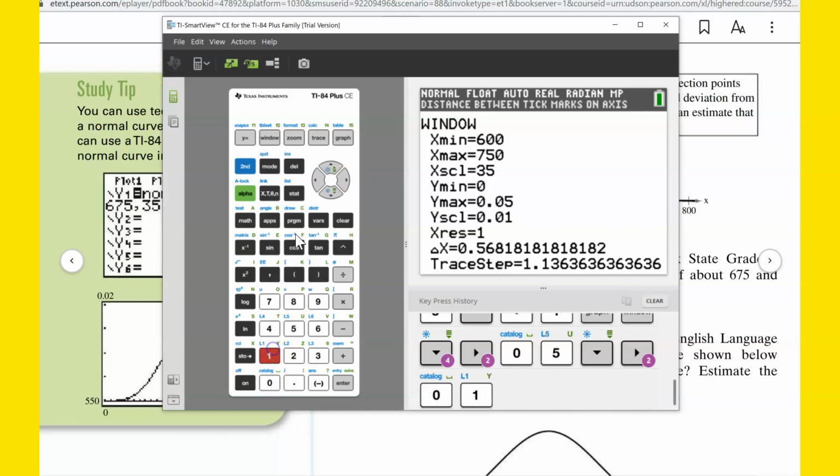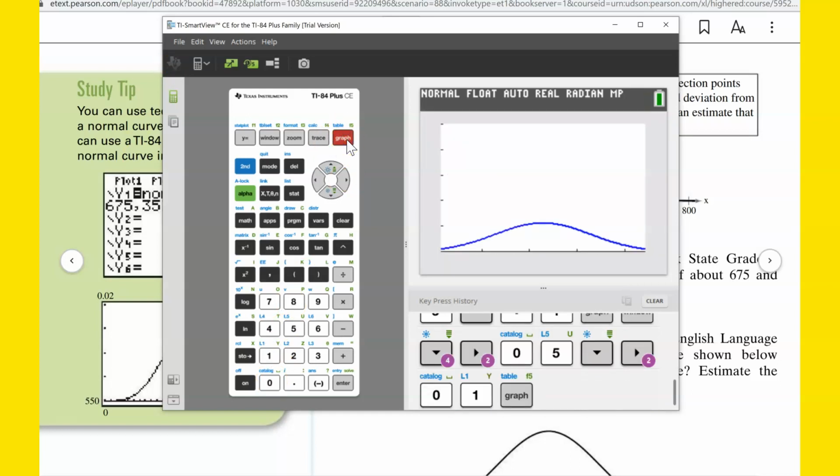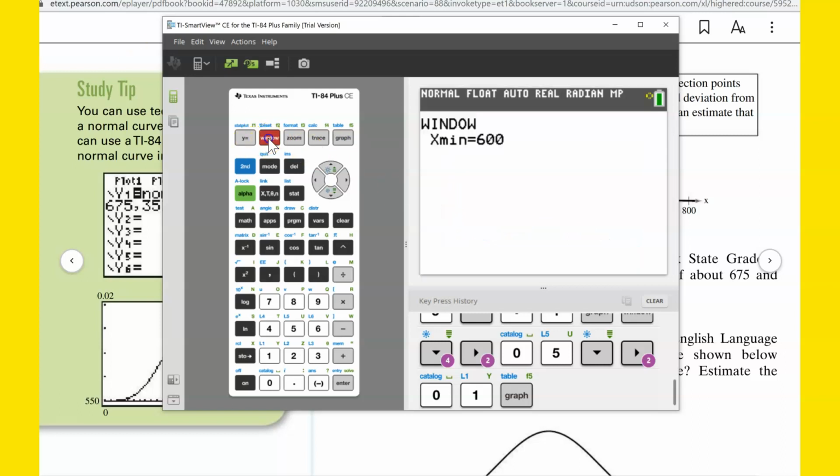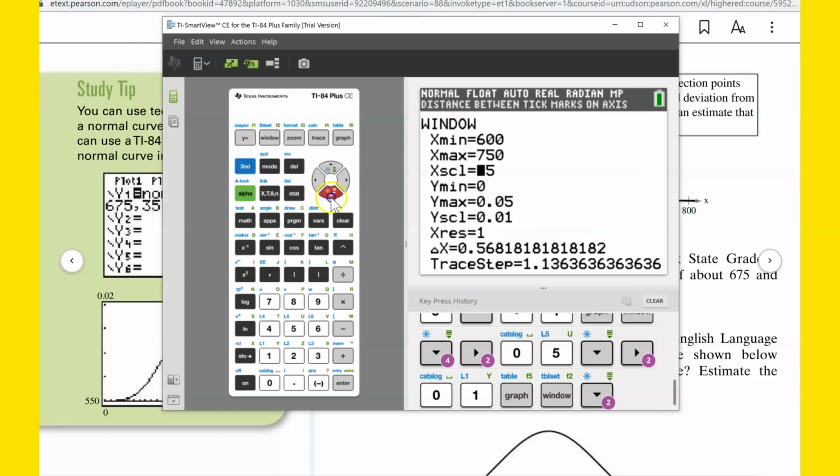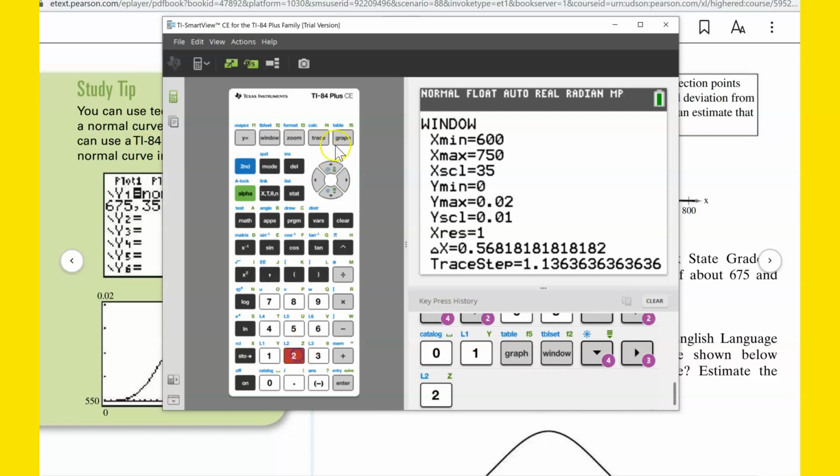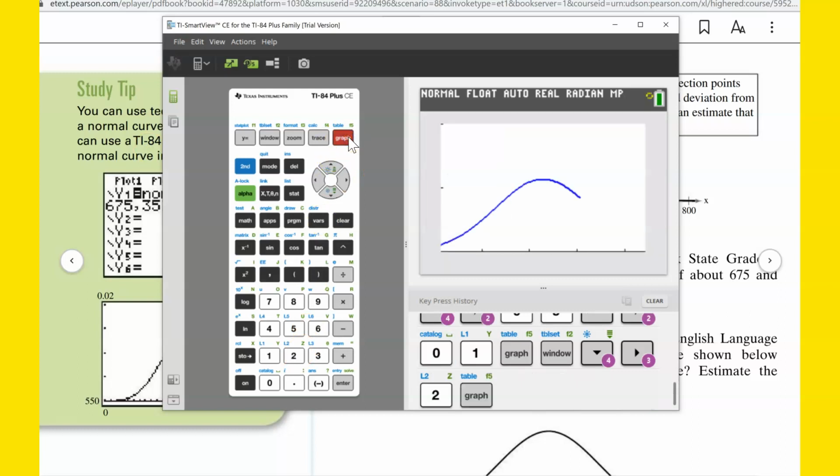I just sometimes get a little obsessive about it. That looks a lot better. And we can make it go up even higher if we just make our y max even lower. We can make our y max be 0.02. Try that one time. But that's looking like a normal curve now, isn't it? Looking good, looking good.